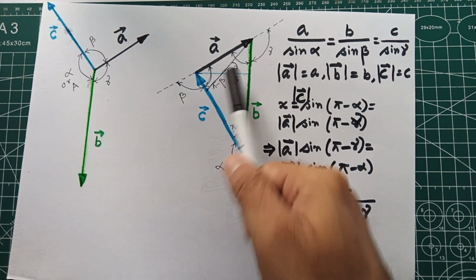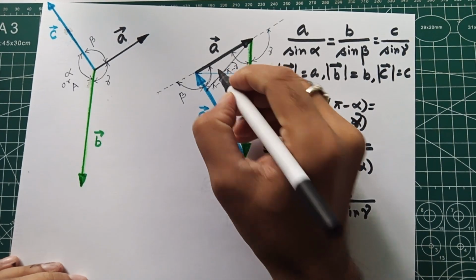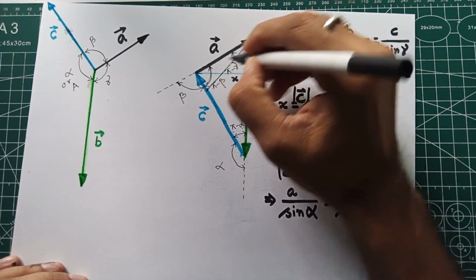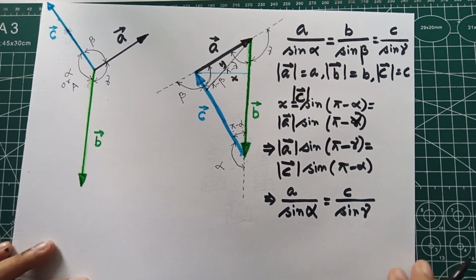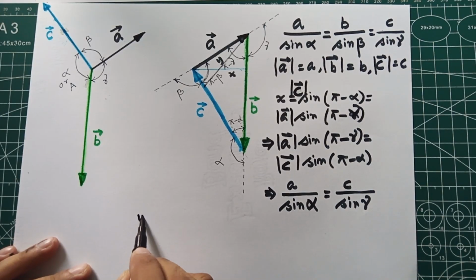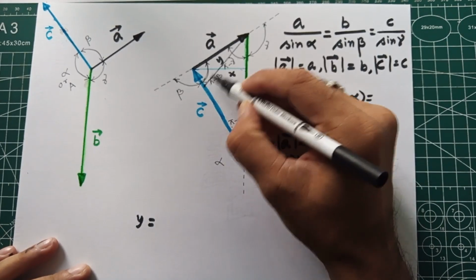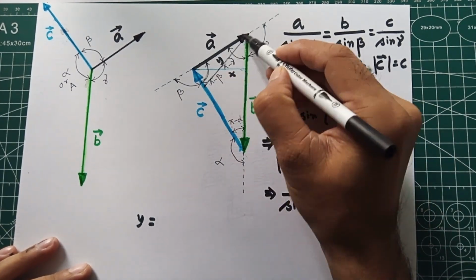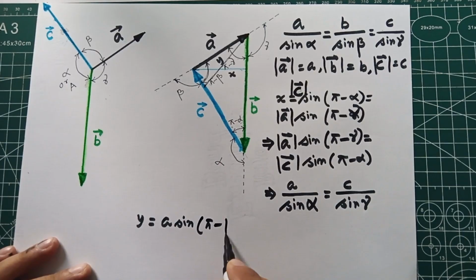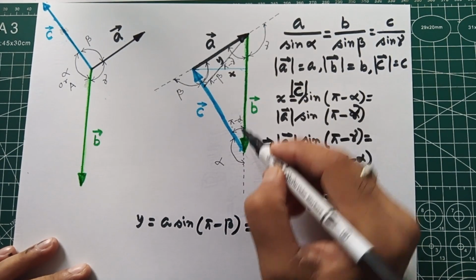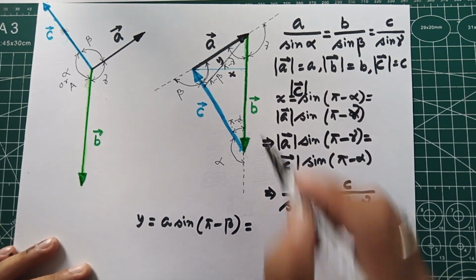Therefore, if I consider this length as y, then y is equal to a sine of pi minus beta, and this is the same as b sine of pi minus alpha.